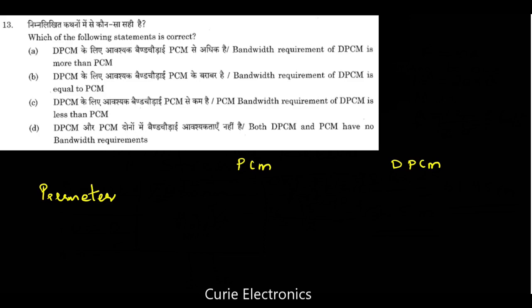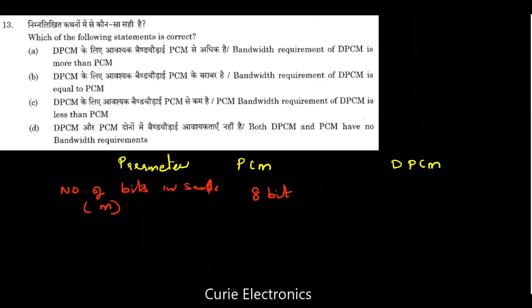So in PCM, the parameter is the number of bits in a sample, represented as M, the number of bits in a single sample. In PCM, 8 bits are there in a sample.